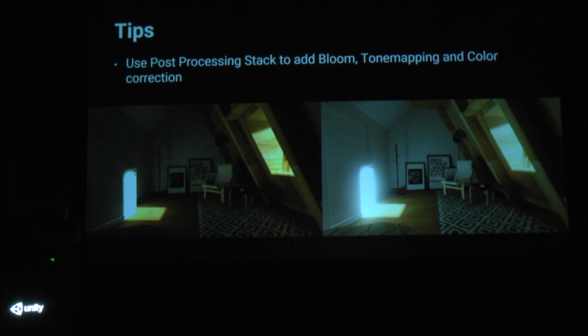Or if you look out the window, it is well exposed, but then the room is darker, underexposed. That's because the monitor is not able to display a wider range than what our eyes are capable of perceiving. And you need to do tone mapping to remap it to a range that is able to be displayed by a monitor.